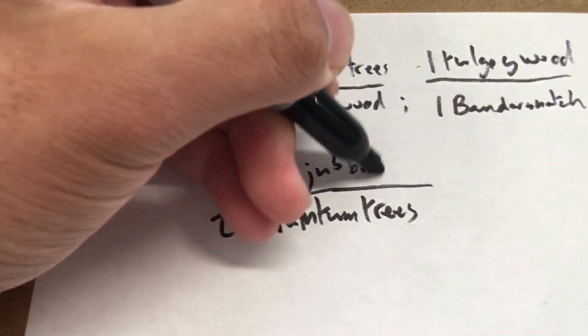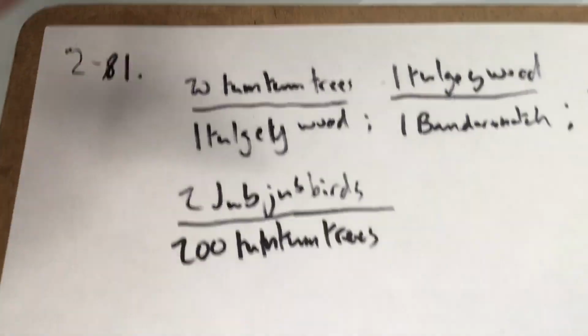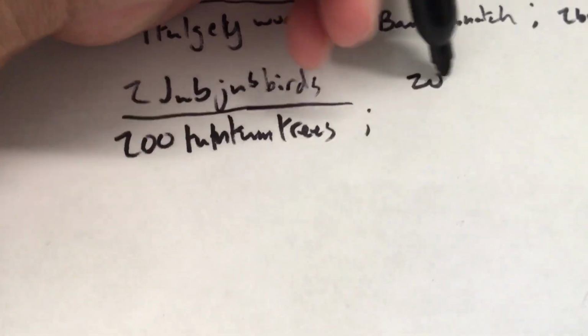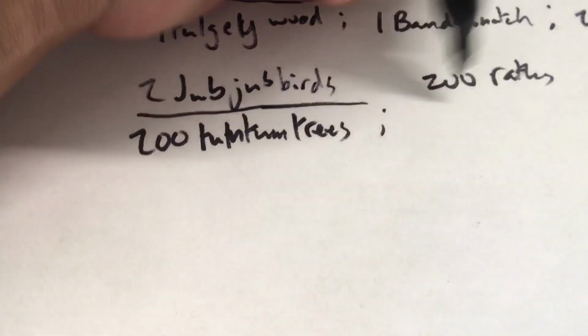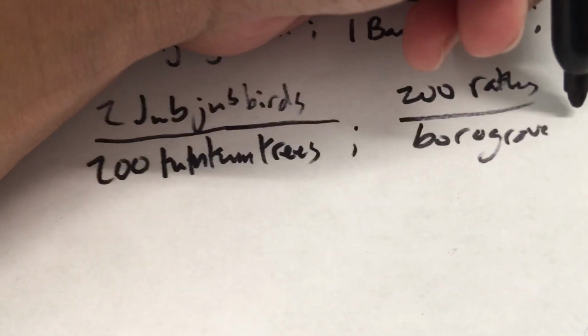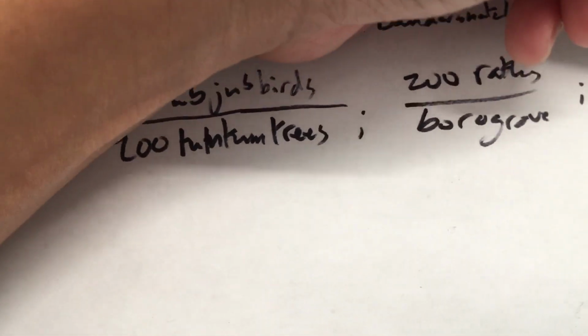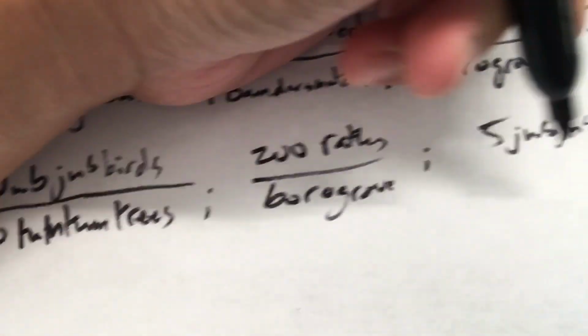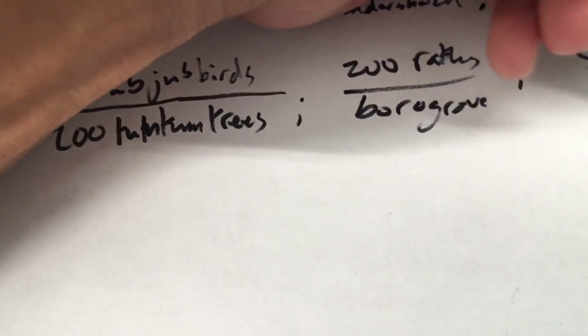There are birds. And then last one, there are 200 Momraths in each Borogove. And then there are 5 Jubjub birds per slithy tove. Okay, that's a 1.